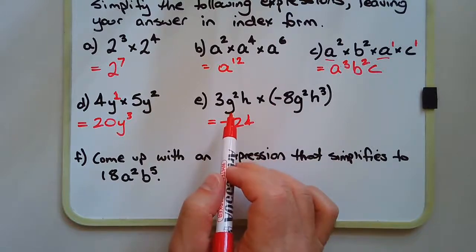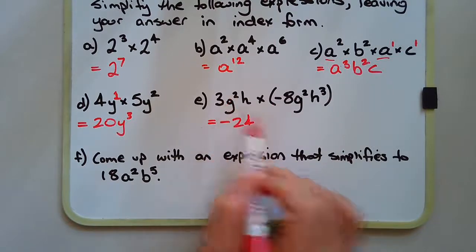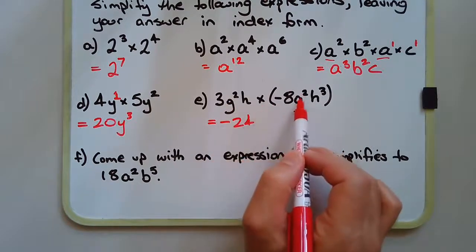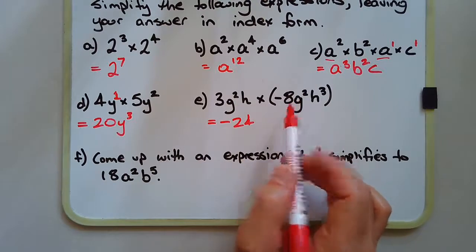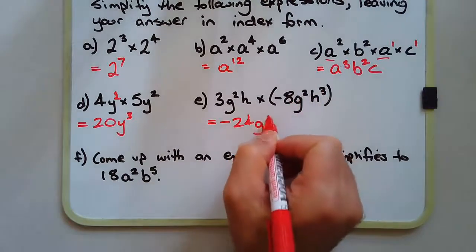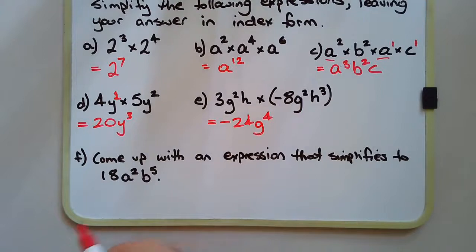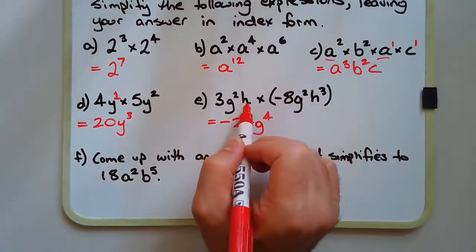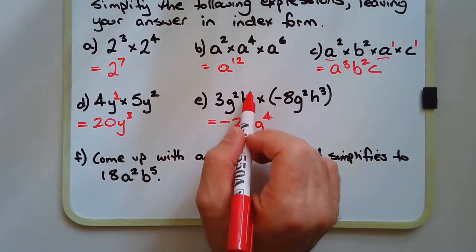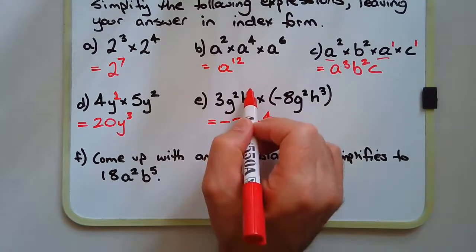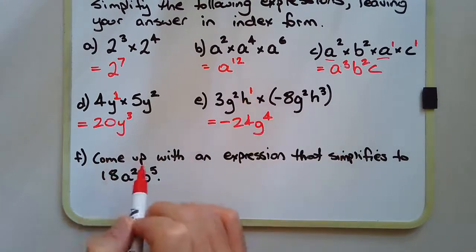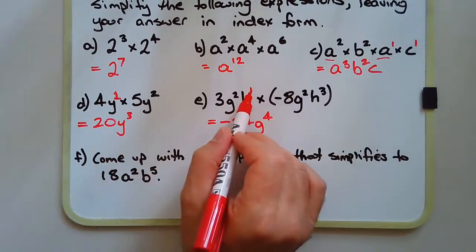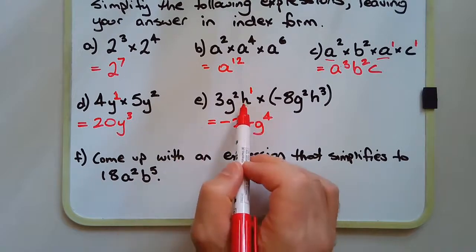Now let's look at the bases that are identical. We have a g squared multiplied by g squared. 2 plus 2 is 4, so g to the power of 4. Then we have an h and an h. Remember, when a pronumeral is on its own with no index shown, there's no other h's multiplying it, and we assume that it's an index of 1. h to the 1.